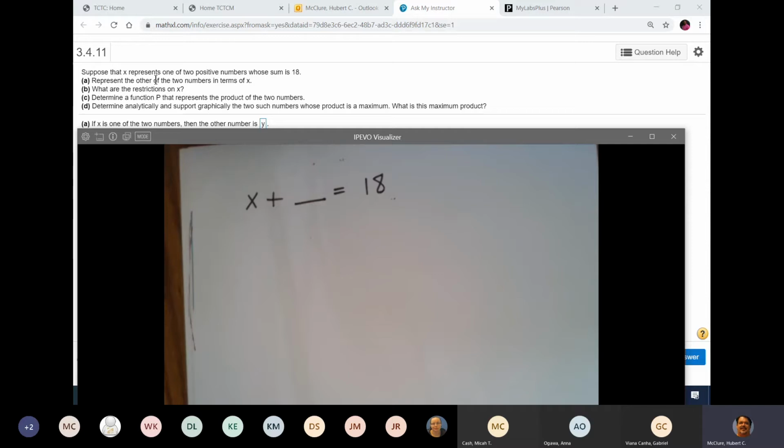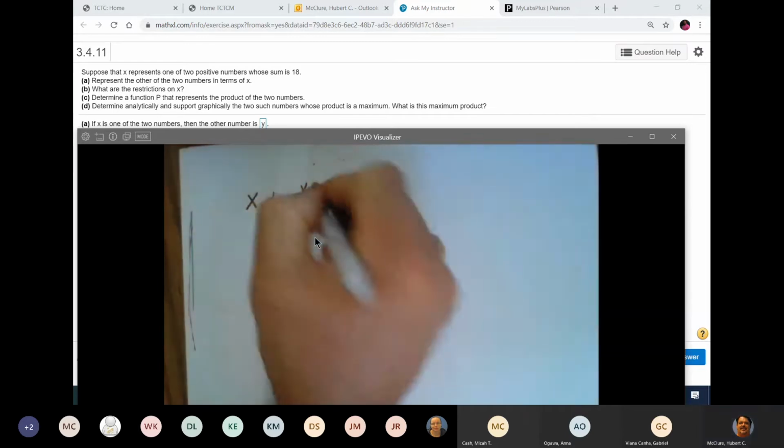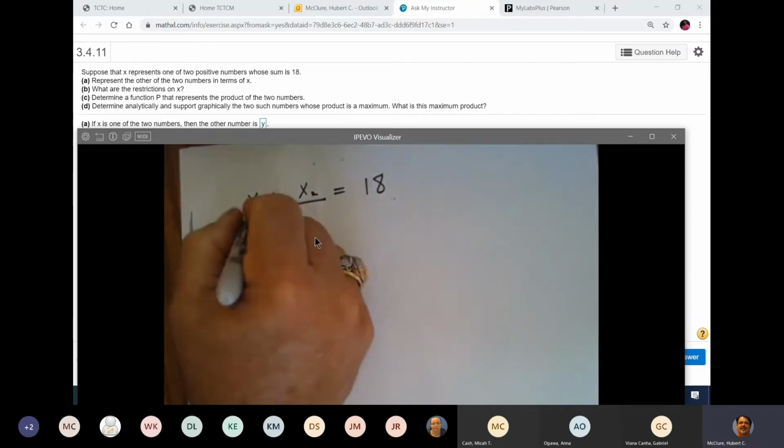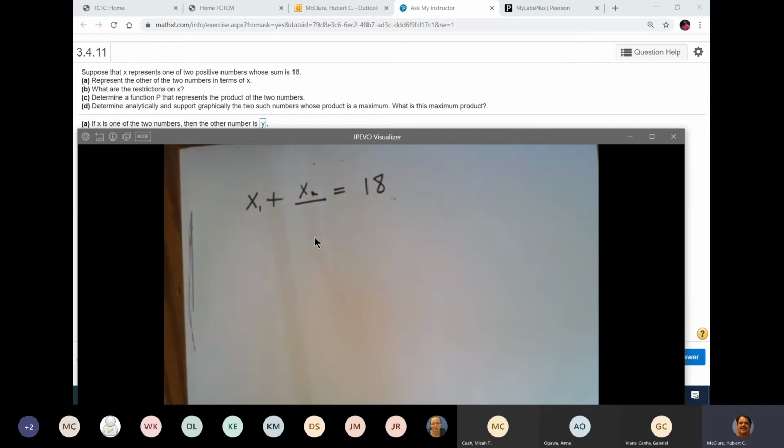Represent the other of the two numbers in terms of x. Well, x sub 2. Okay, x sub 1 plus x sub 2 is equal to 18. What are the restrictions on x? Well, there's all kinds of things.